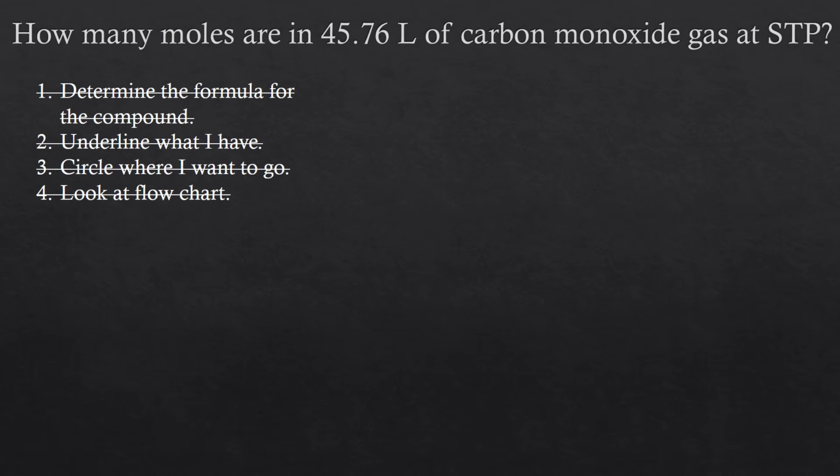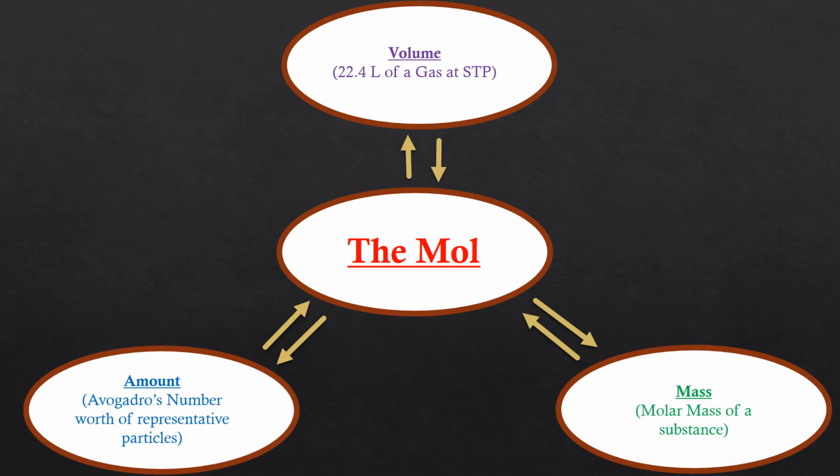And I go ahead, and the fifth step was to find the molar mass. But wait. It says find the molar mass, but according to my flowchart, I'm here, and I want to get to here. The molar mass is over here, so do I need to use it? I don't think so, because I only want to go from here to here. So I don't need to use a molar mass.